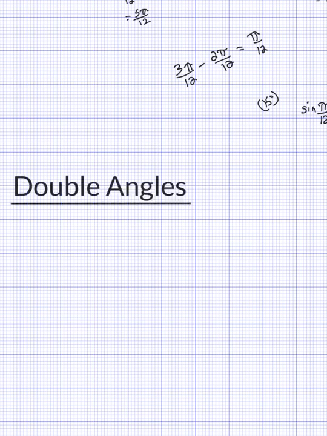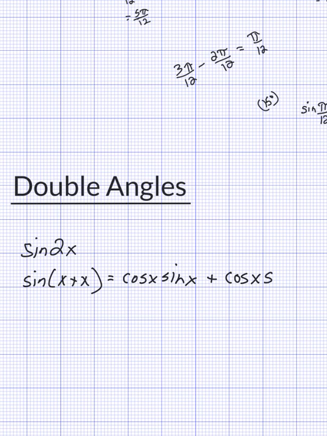Sometimes you're asked about things like double angles, something like sine of 2x. Well, since we know that this is the same as sine of x plus x, shouldn't that just be equal to cos of the first one times sine of the second one plus cos of the second one times sine of the first one.